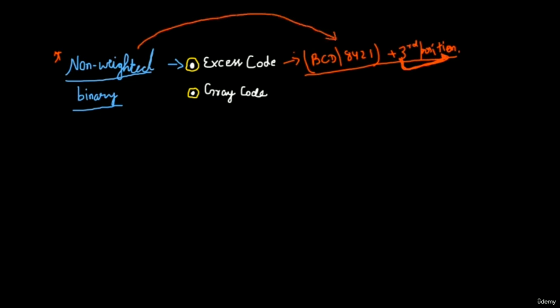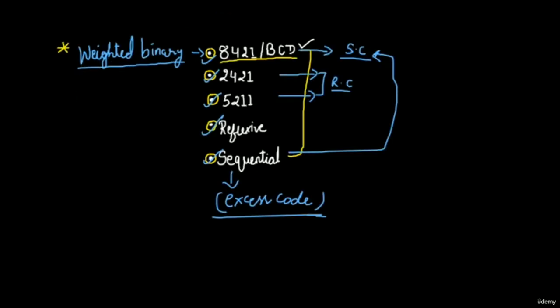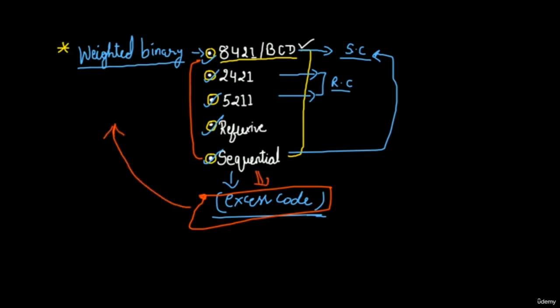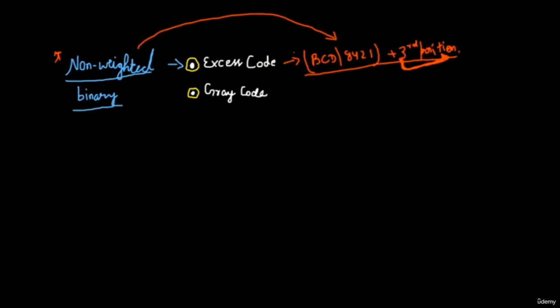Well, I hope you have remembered that's why I did not mention it initially as a weighted binary form. But later I told you that it's a sequential form as it shows some sequence. So it is sequential, but it is not weighted binary.